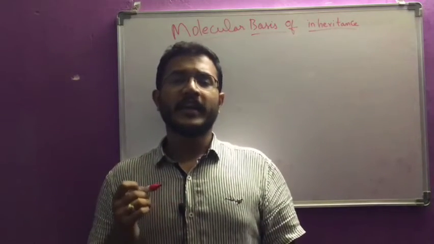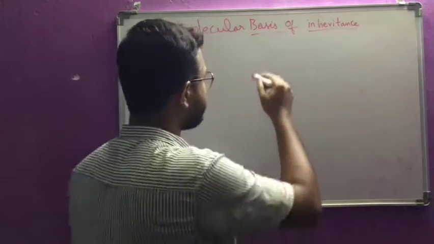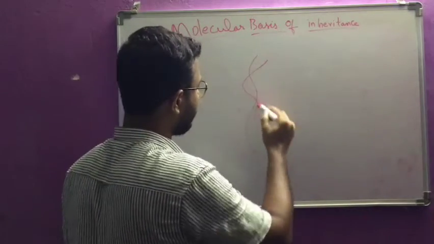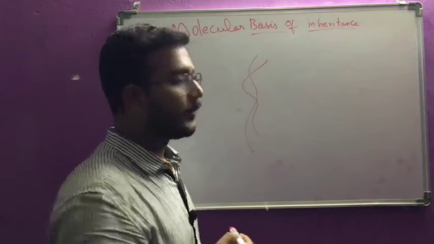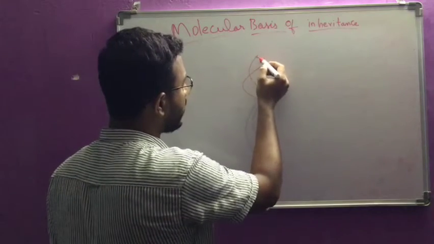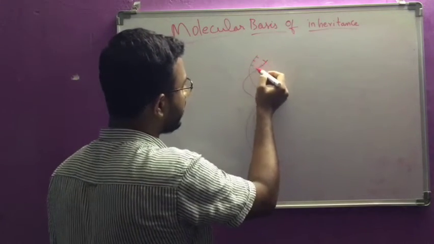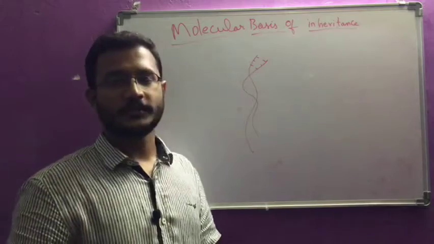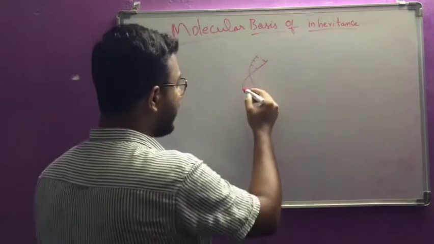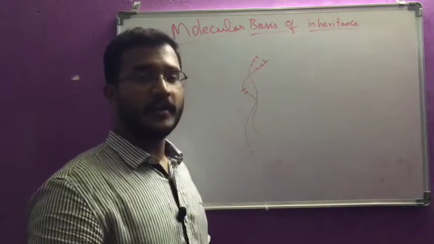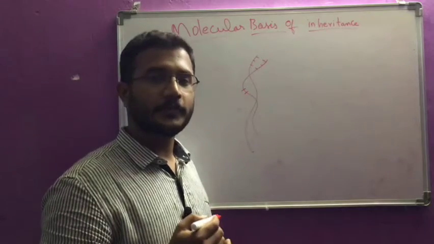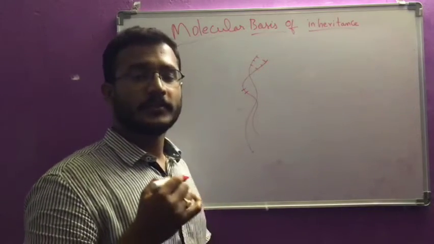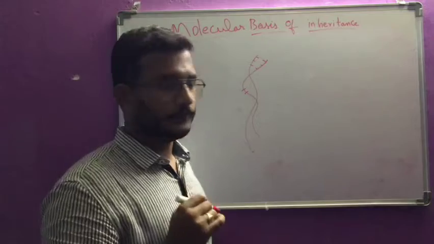As we know, DNA is a double-stranded molecule, so these two strands are attracted to each other with the help of hydrogen bonds, and within a single strand the linkage is formed due to phosphodiester bonds. So this one you have to know.